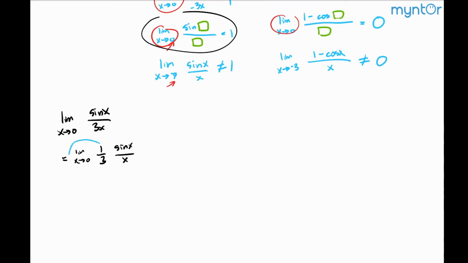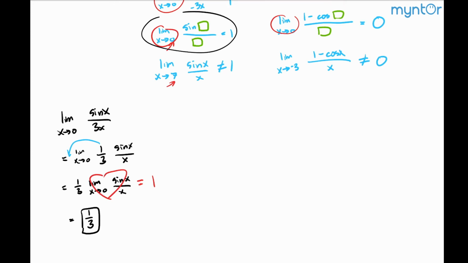And I can go ahead and bring this out to the front because it's a constant. So this is equal to 1 over 3 times the limit as x approaches 0 of sine x over x. We love this because we know that this is equal to 1. And so this would be equal to 1/3.